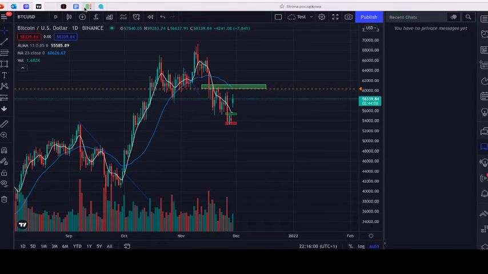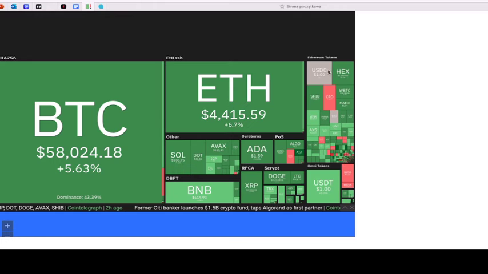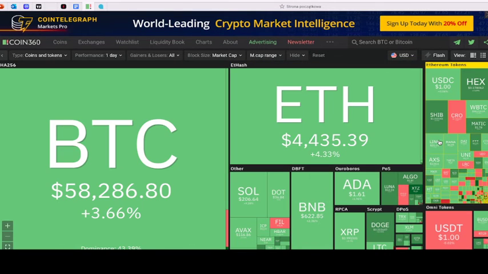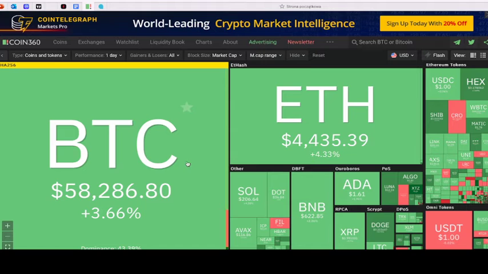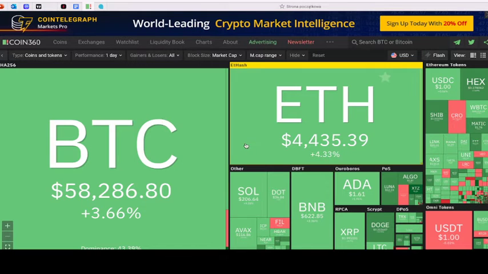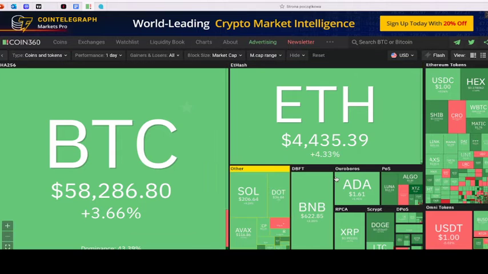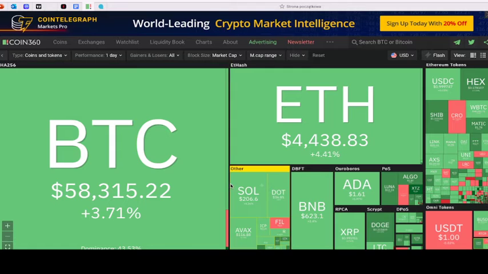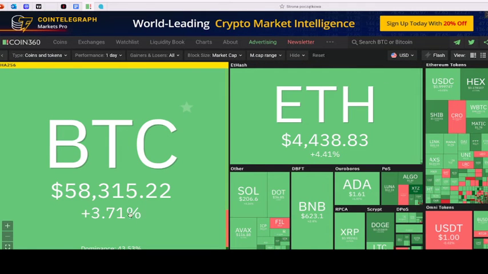Okay. Let's check coin 360 green color today. Not much on plus, but we will be on that level.